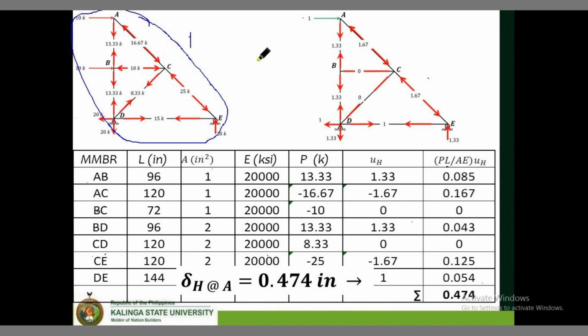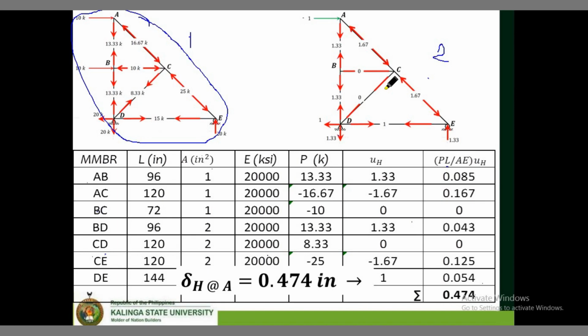This is step 1. Sa step 2 naman, alisin lahat ng mga external loadings, tapos i-apply ninyo yung unit load. Yung pag-apply ninyo ng unit load, yung direction, depende kung ano yung sinasabi ng problem. Kapag yung sinabi ng problem ay vertical deflection, yung inyong unit load is either up or down.